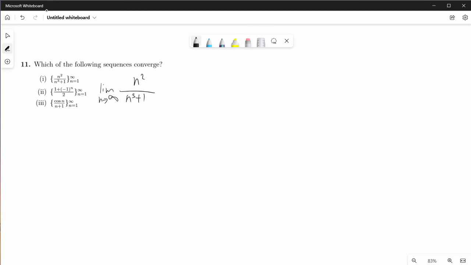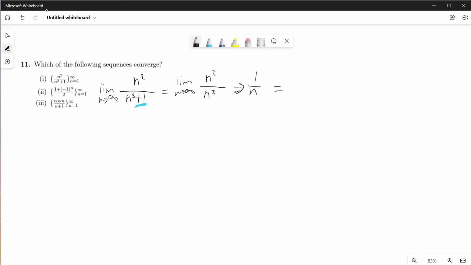In this case, the plus 1 in the bottom is not going to matter as much as n gets infinitely big. This is just n squared over n cubed, so that would be 1 over n, as n squared cancels out top and bottom.